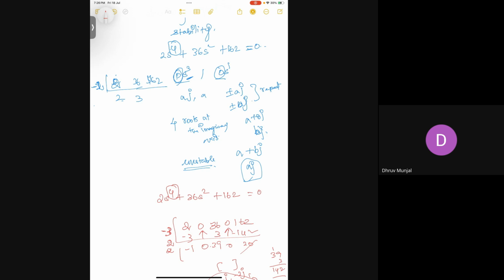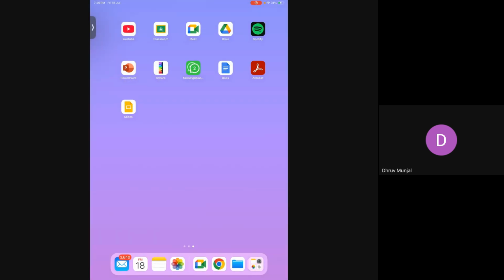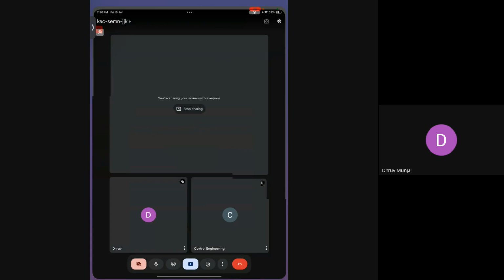Roots of, or it is poles of tf2. Good. I will just show you in the camera how we can find this.